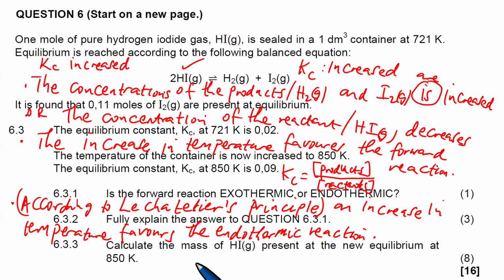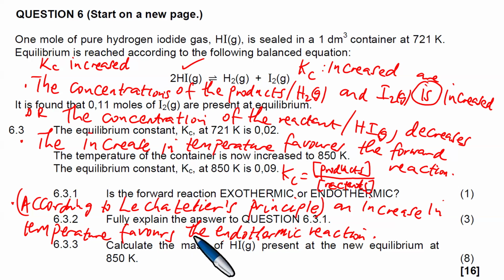According to Le Chatelier's principle, when the temperature increases, the reaction tends to counter that and reduce the temperature. And therefore, it means that the forward reaction itself, the endothermic reaction, is favored.